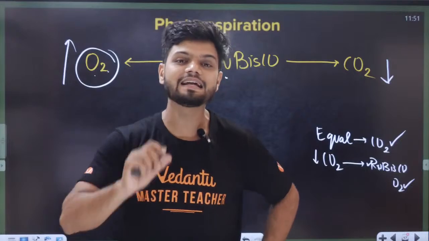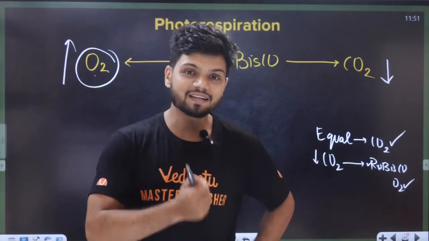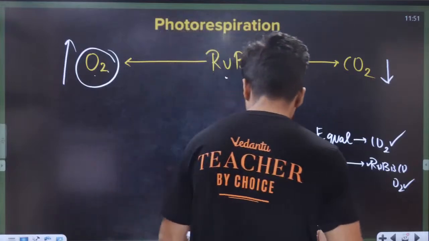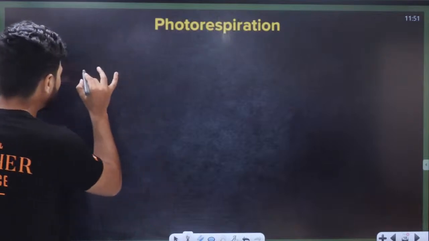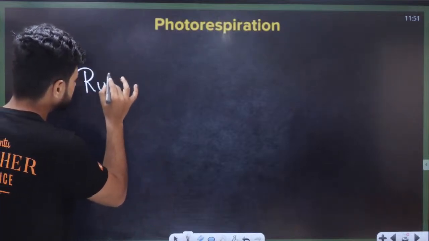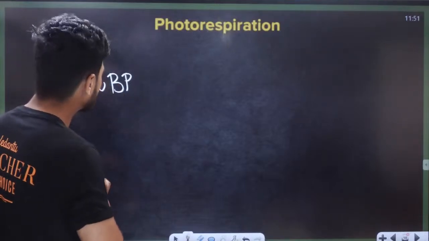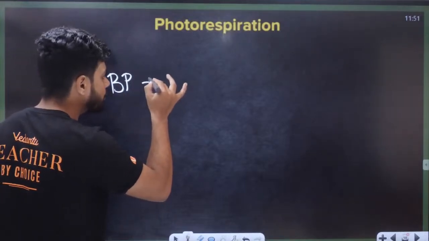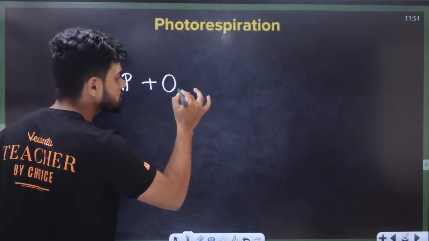Now, that leads to something called photorespiration. What do I mean by photorespiration? In the case of photorespiration, what is happening? Your RuBP is there, right? Instead of forming a bond with CO2, it is forming a bond with oxygen.